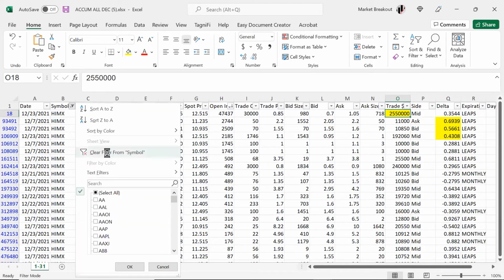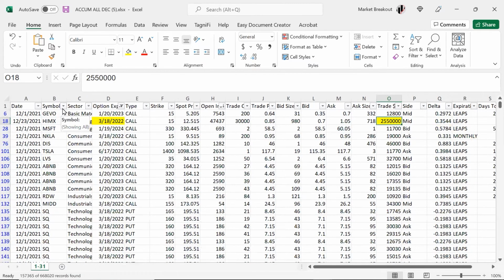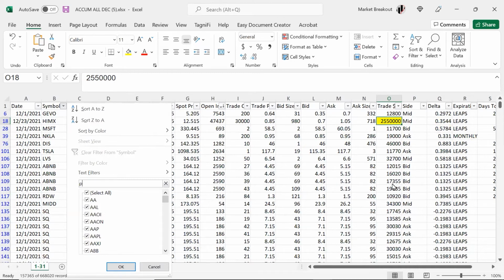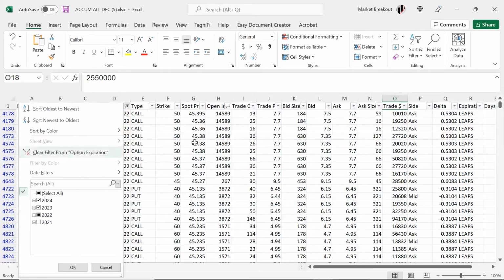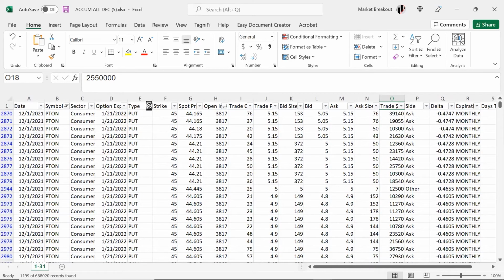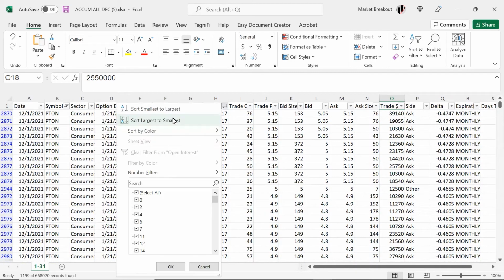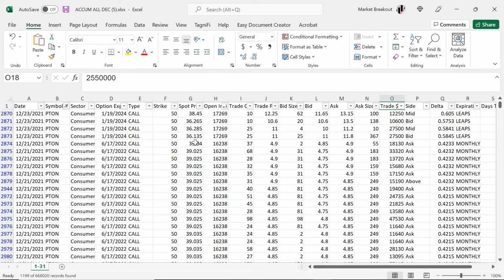Okay, and then we need to take a look at the next stocks. We clear the filter, and what's interesting you see here: GT. This is low delta. This is short building. They're selling this delta.